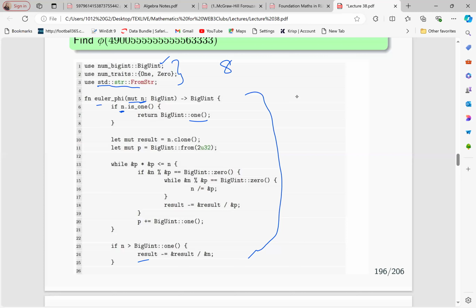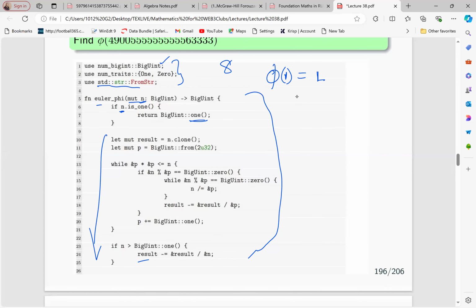Otherwise, if n is not 1, then it has to begin doing the calculation. So the calculation begins from here.